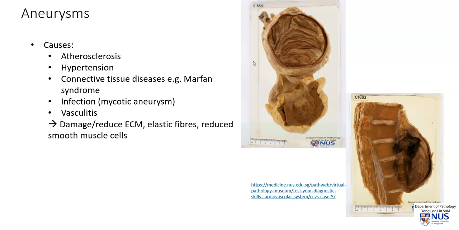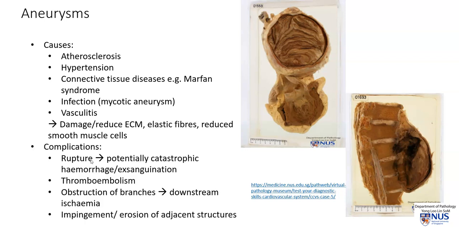Vasculitis, inflammation within the wall of the vessel, can also give rise to aneurysms, and the mechanisms of all these causes are usually due to damage or reduction of the extracellular matrix, especially the elastic fibers, which actually form a very substantial proportion of the wall of the aorta, giving rise to its ability to recoil and also to reduced smooth muscle cells. So all these will lessen the ability of the vessel to recoil and therefore predispose to aneurysm formation.